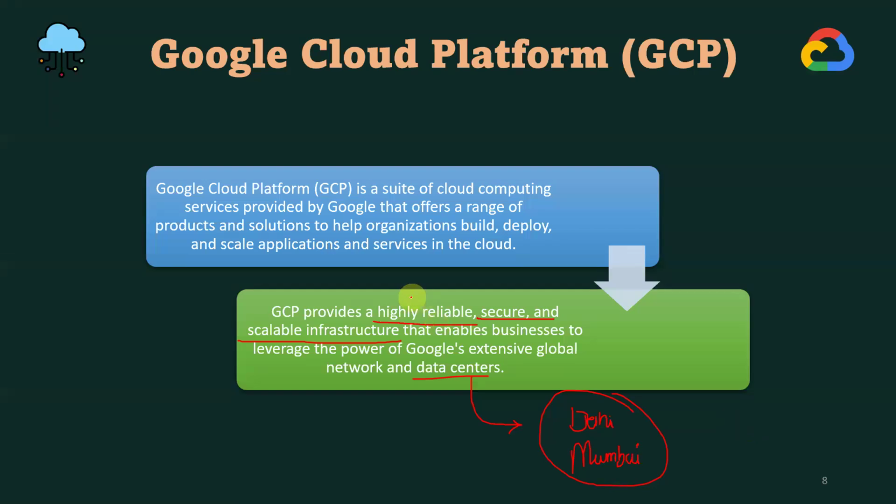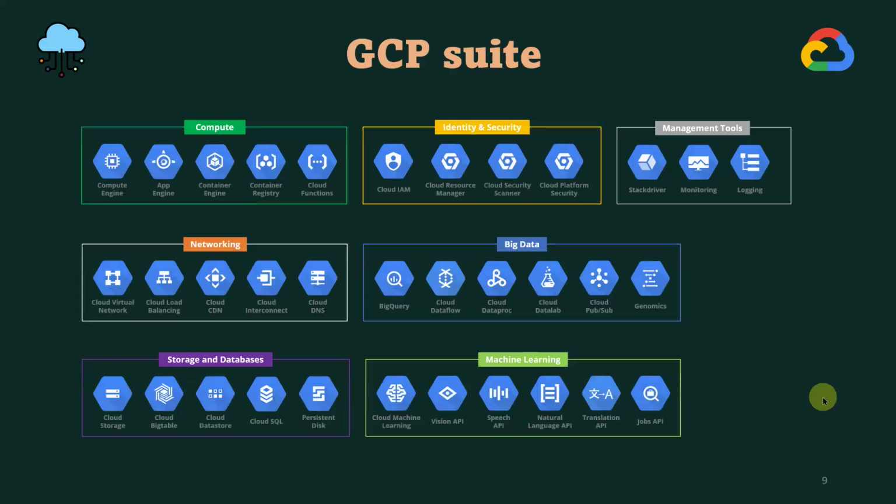So Google is providing you these features with plenty of services. What are those services? Google is offering plenty of services, such as compute services, identity and network services, management tools, networking services, big data, storage and database, and machine learning.